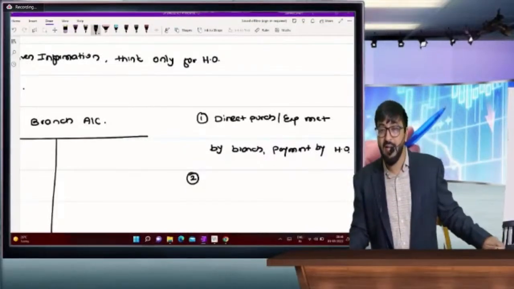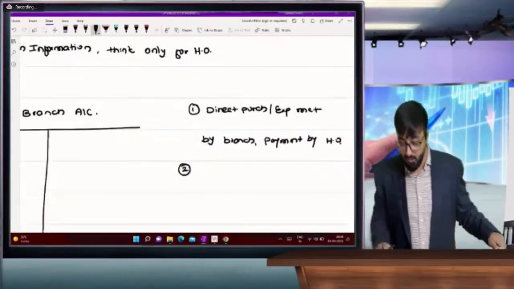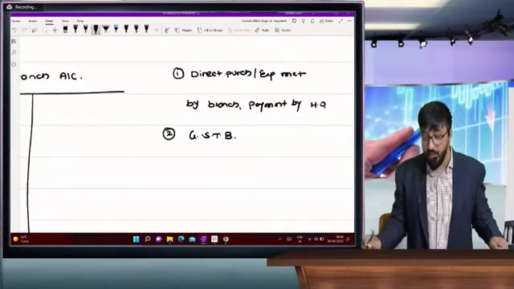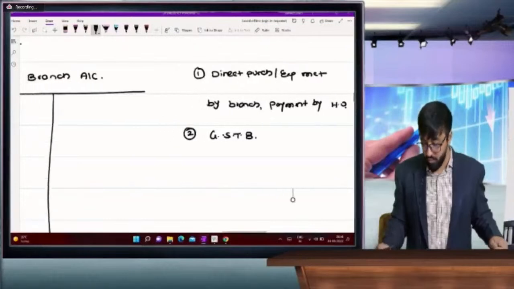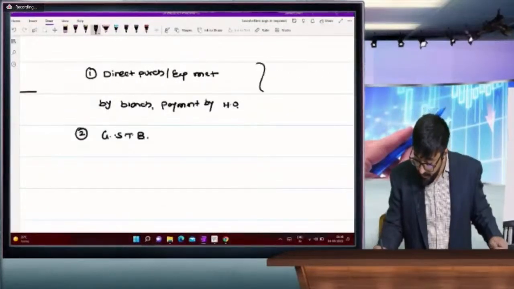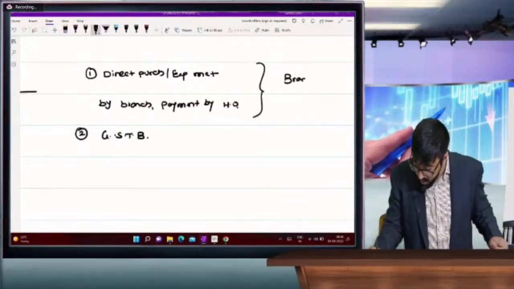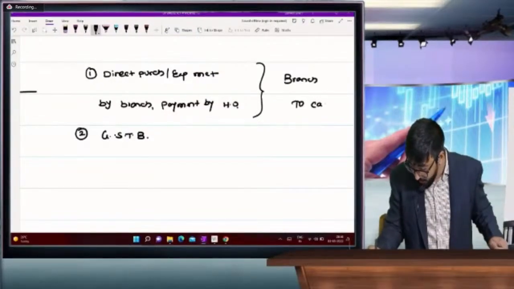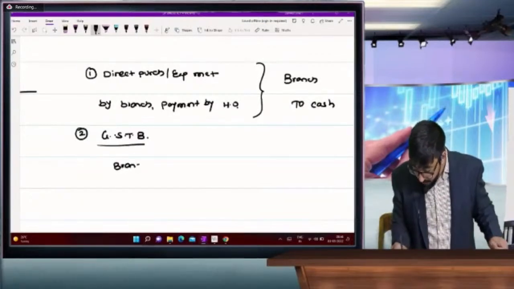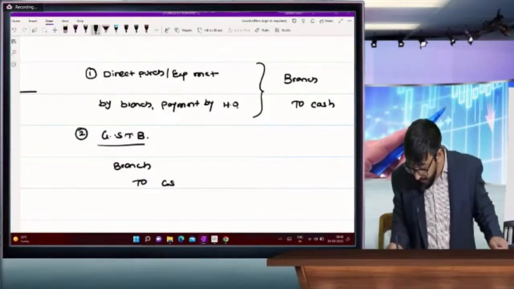After that, bad debts, discount, HO is not involved. Goods sent to branch. Yes, HO is involved. Branch account debit to HO. So here, what is the entry? The entry is branch to cash. What will be the entry for goods sent to branch? Branch to GSTB.